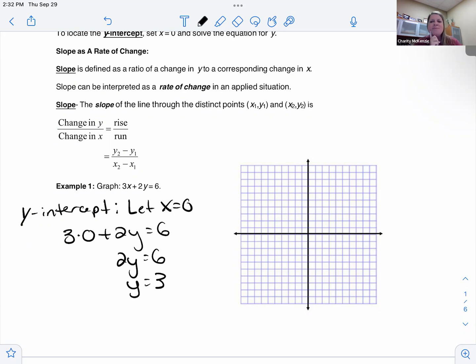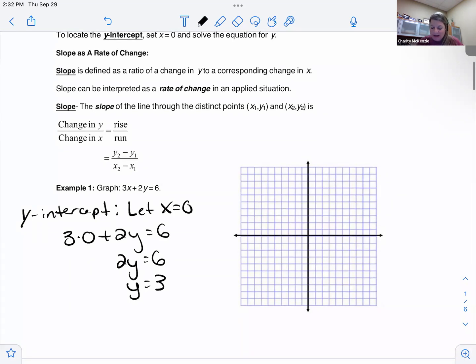So what was this point? Remember, the points go x, comma, y, right? And here the x was 0, the y was 3. So let's graph that point (0, 3). We start at 0, always, go 0 this way, and then go up 3. So we're here. All right, so there's a point on our graph.